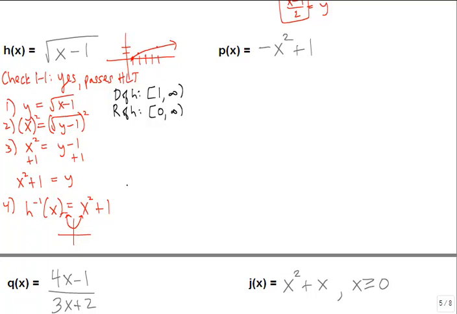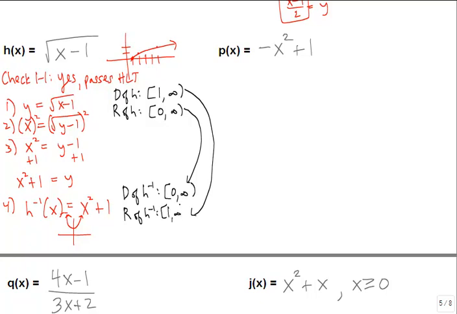Now what does that mean about our inverse function? If you remember from an earlier comment I made about swapping x's and y's, domains and ranges also get swapped. So the domain of h inverse has to be the range of h, which is 0 to infinity, and the range of h inverse comes from the domain of h, so this would be from 1 to infinity.